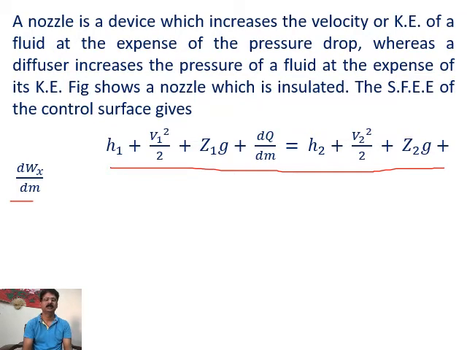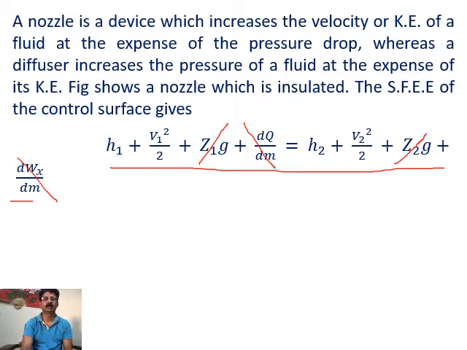And here, as I told you earlier, the potential energy terms get cancelled from either side, because inlet and outlet are at the same level, and there is no heat transfer and there is no work transfer.